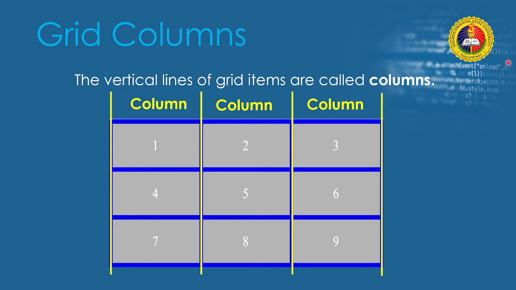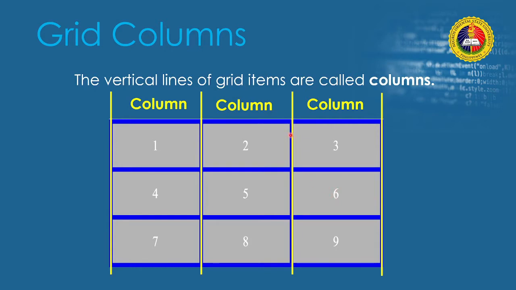Alright. So for example, where is grid item 6 located? Which column and row does it belong to? Column 3 and the second row, or row 2. So that is how the grid items look when used inside a grid container.